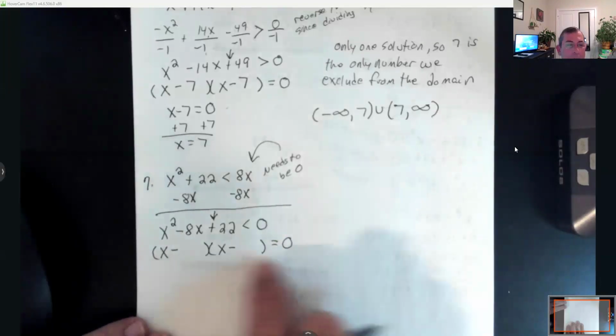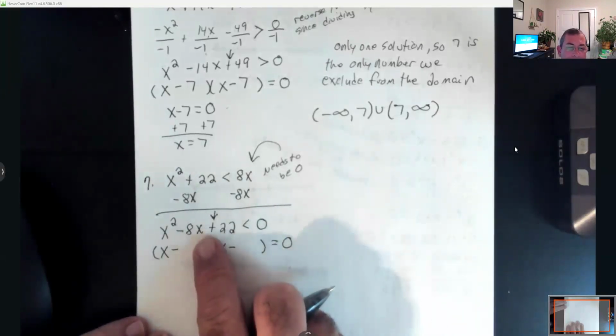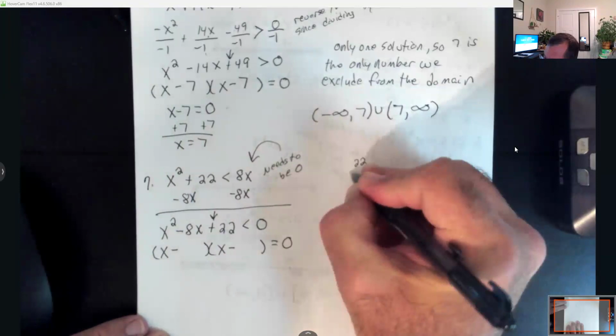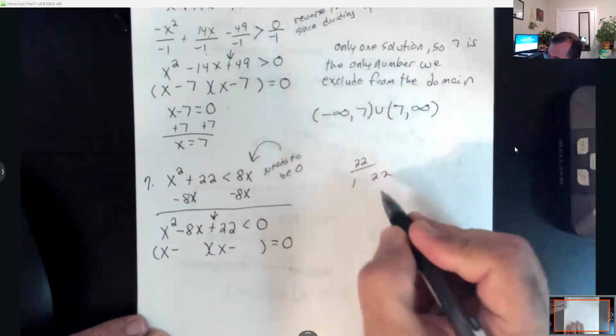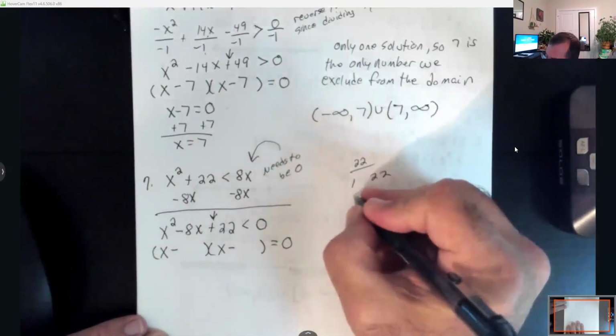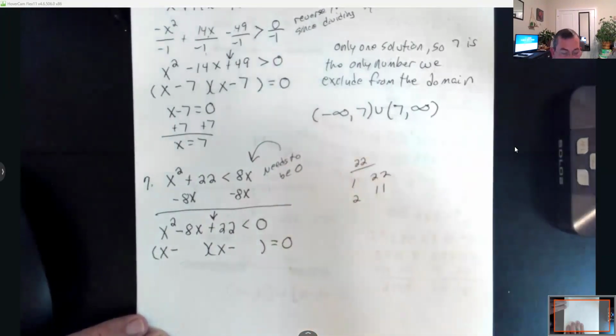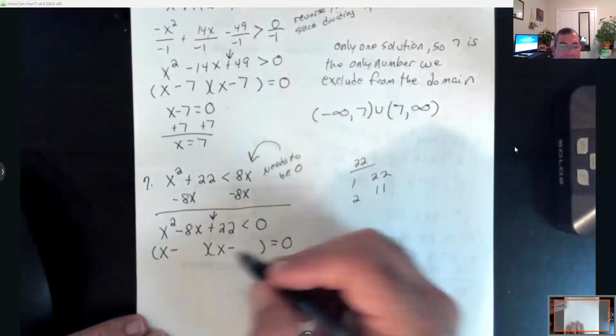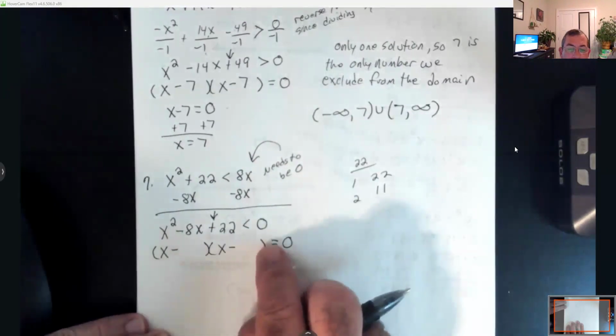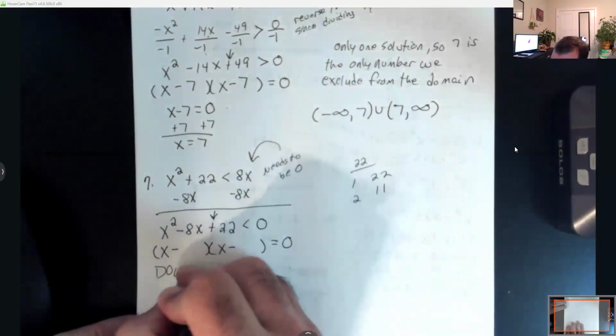Jackson, good job. There are no factors of 22 that'll add to get an 8. Let's see, 22 only has 1 and 22. Those add to get 23. 2 and 11. Those add to get 13. So this one does not factor.